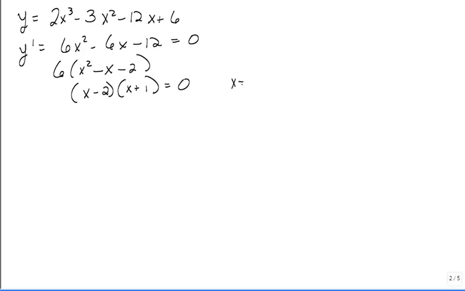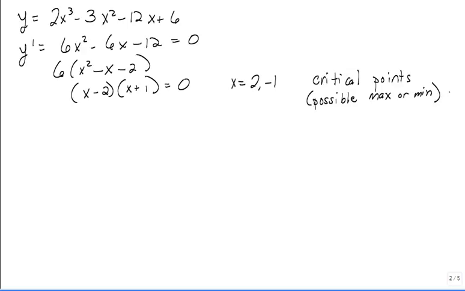And we get x is 2 and negative 1. These are the critical points, or critical numbers. That's where possible max and min occur, local max and min. You have to test them. You have to do the first derivative test to tell what they are.